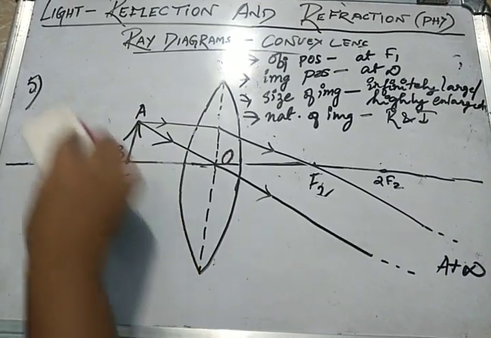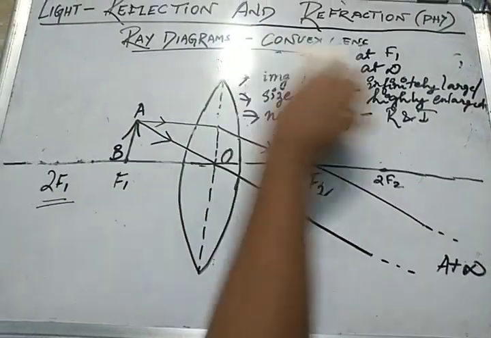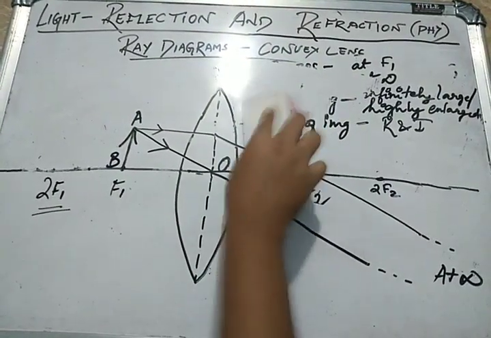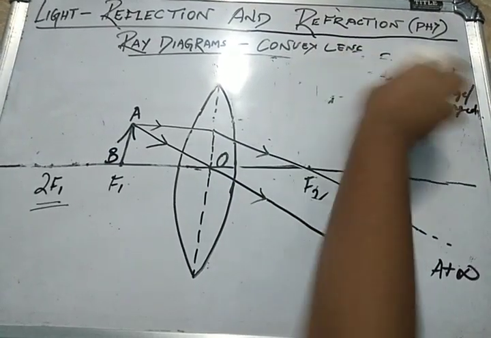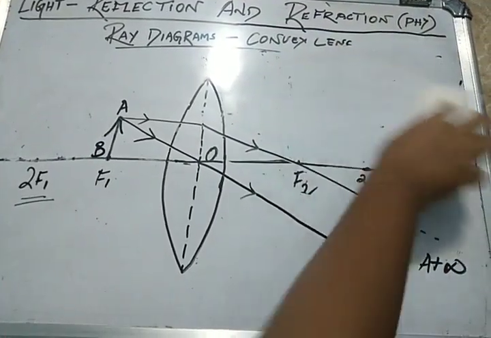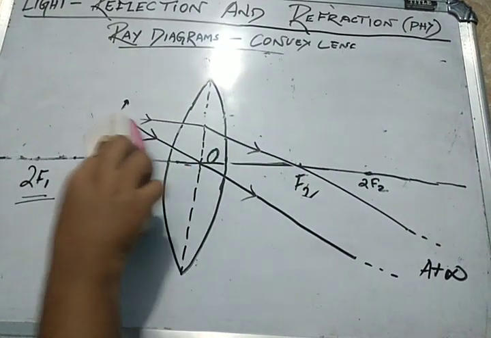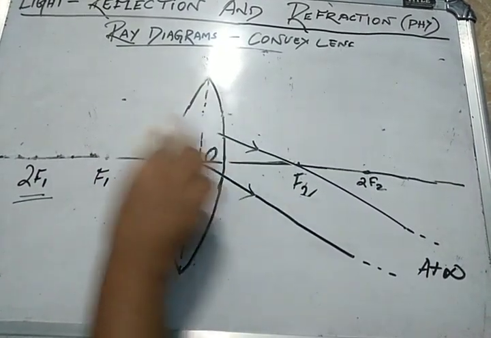Now finally we move on to our final and 6th ray diagram related to convex lenses. Again we'll be bringing our object closer to this convex lens.